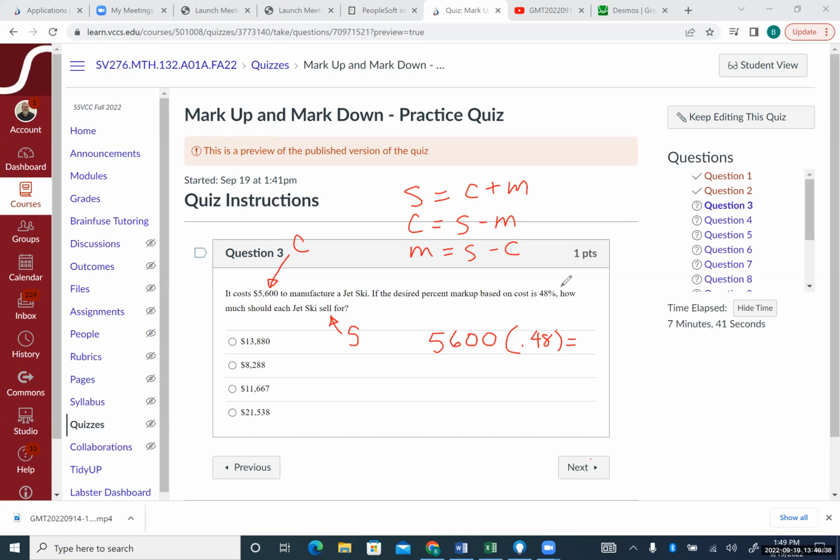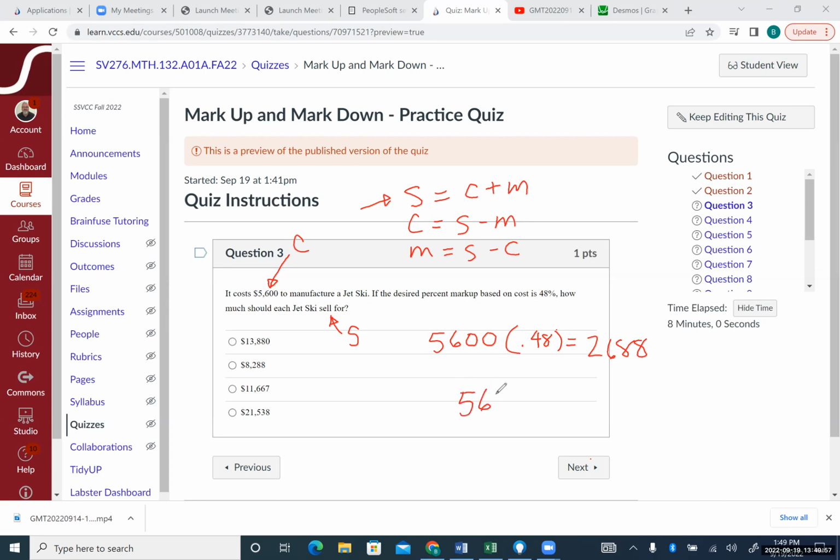Is it 2,688? That sounds reasonable. $2,688. All right, so now we have the cost and we have the markup, so we can use this formula to get the selling price.